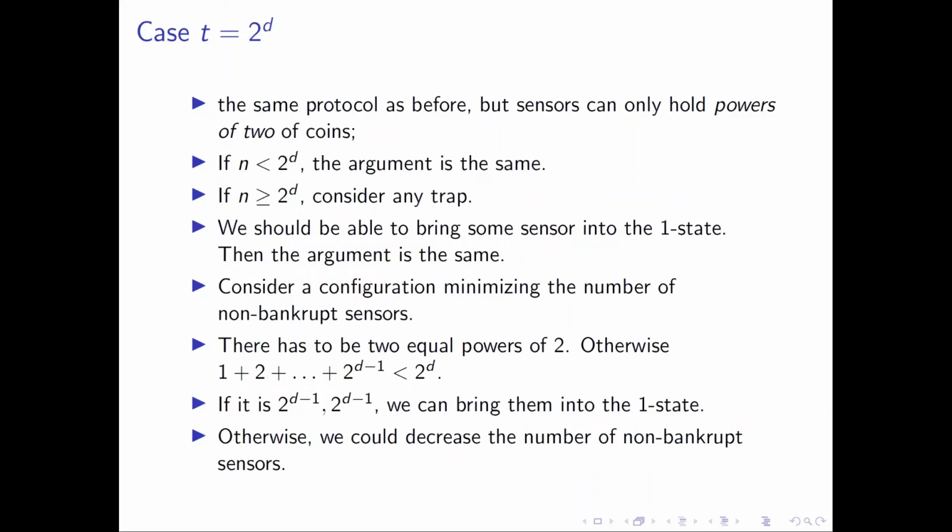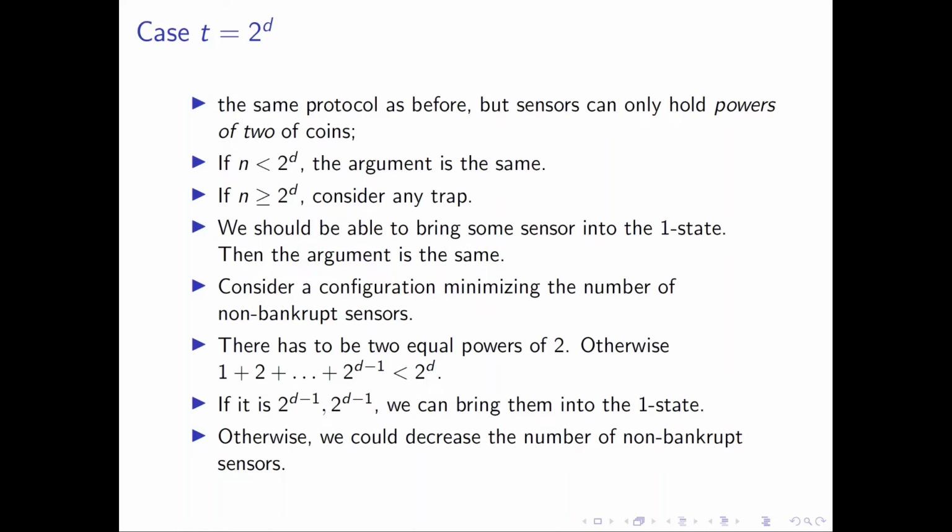This is a classical protocol, but still the protocol is as before, where sensors pass each other coins, but now sensors can only hold powers of 2 coins. So one sensor only gets all the coins of the other one in the case when they have the same number of coins. If they have 1 and 1, one of them gets 2 and the other one gets 0.